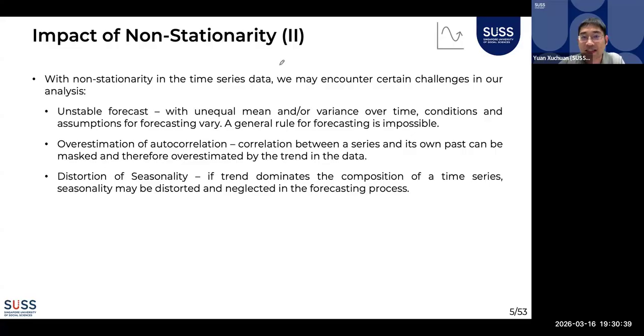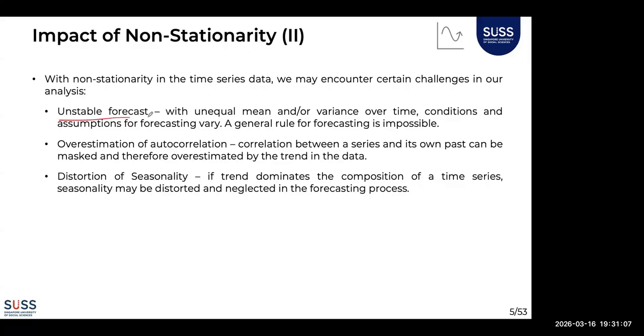Otherwise, the gap will be huge, affected by the data you are using. The different data you use, you will have different forecasted results. So it's not what we want. We want to ensure that we have stationary data when we do the forecasting.